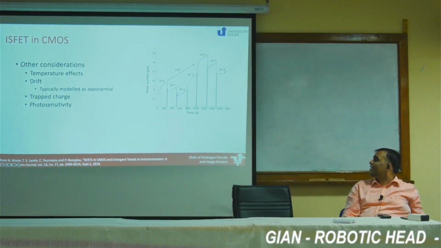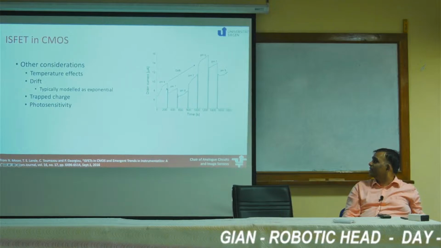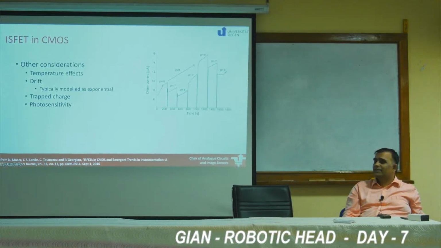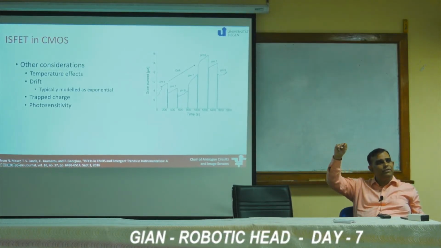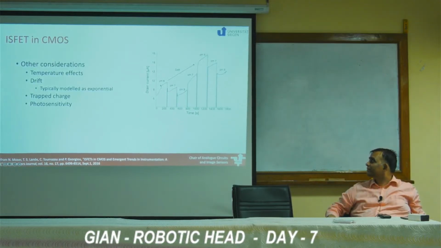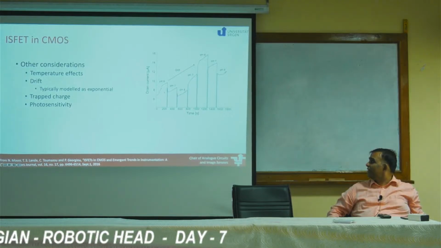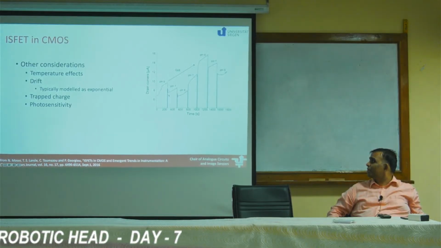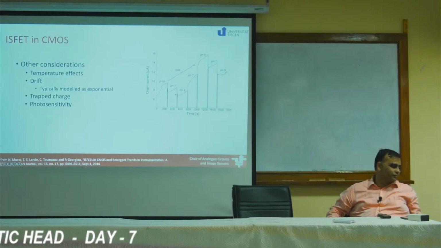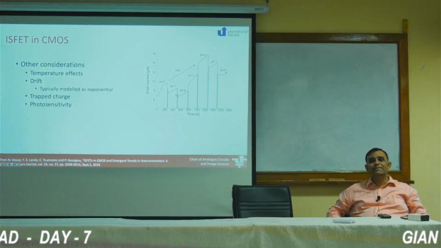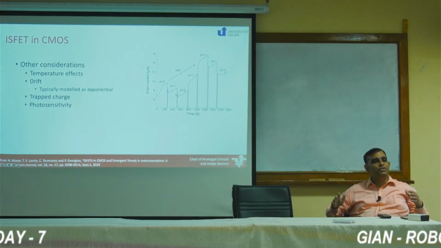Now, one way you can see why it's happening, if you look at this signal, if it were just 6, it would have constantly kept on going up and up, right? So, even when I am changing pH, that slope profile remains the same. To some extent, it is because all the charges do not get removed.